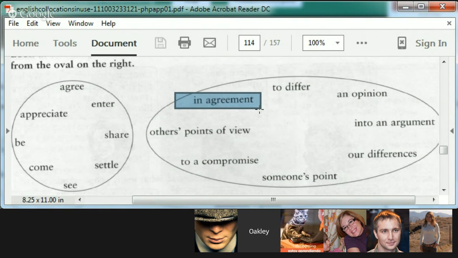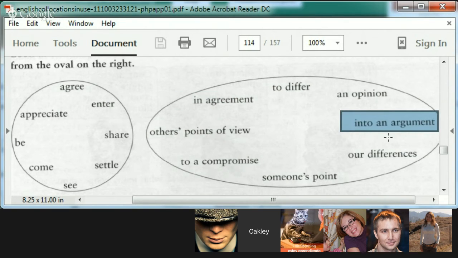Okay. What else can you enter? Any others? Well, you can definitely enter into an argument, just exactly as it appears.